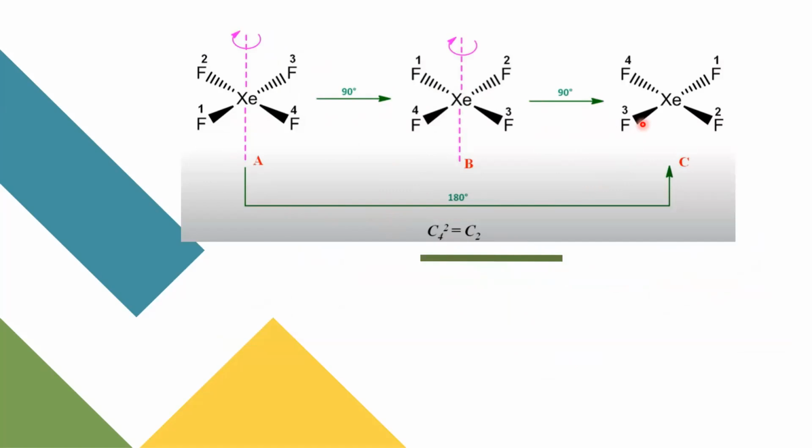You rotate it by 180, you get this orientation or this configuration. So when you do the C4 operation twice, you get a C2 operation. That is equal to C2. Okay. So here in the XeF4 molecule, you can have a C2 axis along this, which passes through this xenon atom, right? In addition to C4. C4 is the principal axis.